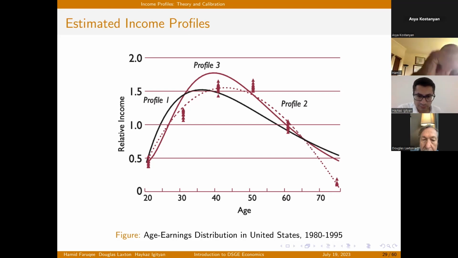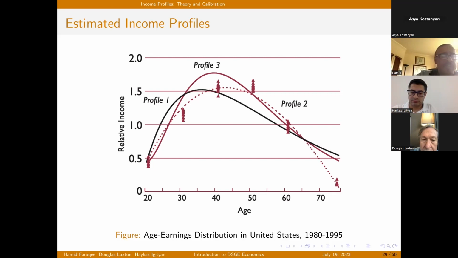So you'll see different triangles there for the different time vintages of each data set. And then you can see here the relative earnings by age group. So for example, if you look at 20-year-olds, they earn a number that's close to 50% or a little less than 50% of the average income per capita during the sample.